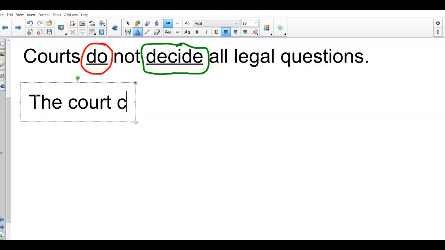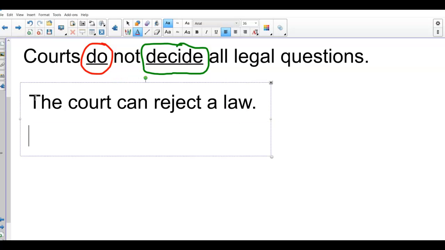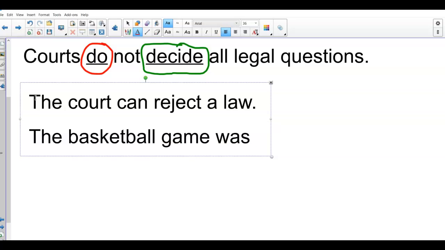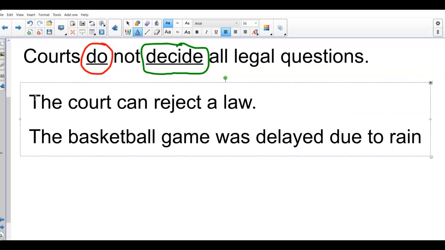The court can reject a law. Let's do the baseball game was delayed due to rain.